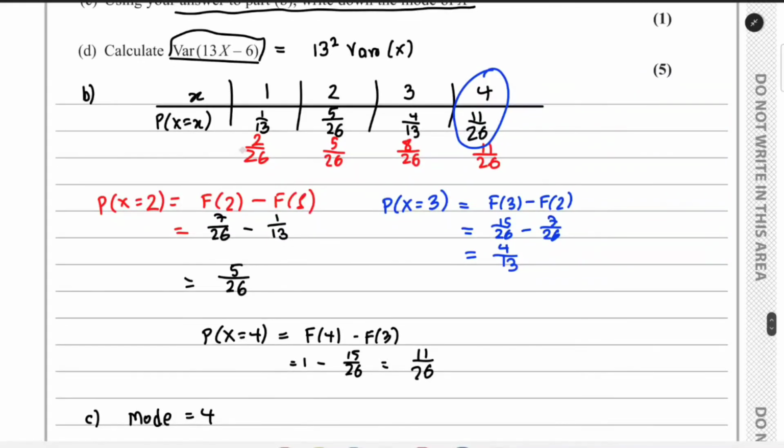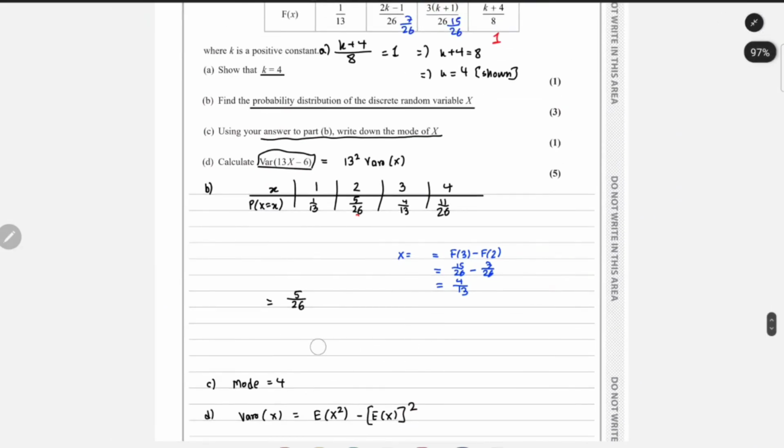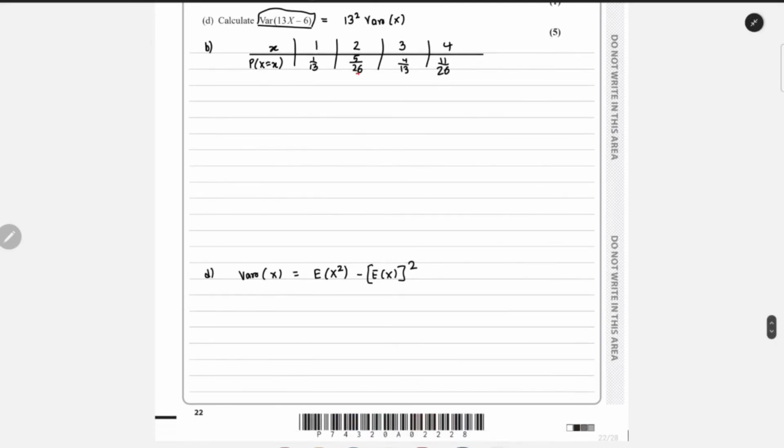If you remove the working of the last question from here, now let's bring this up.